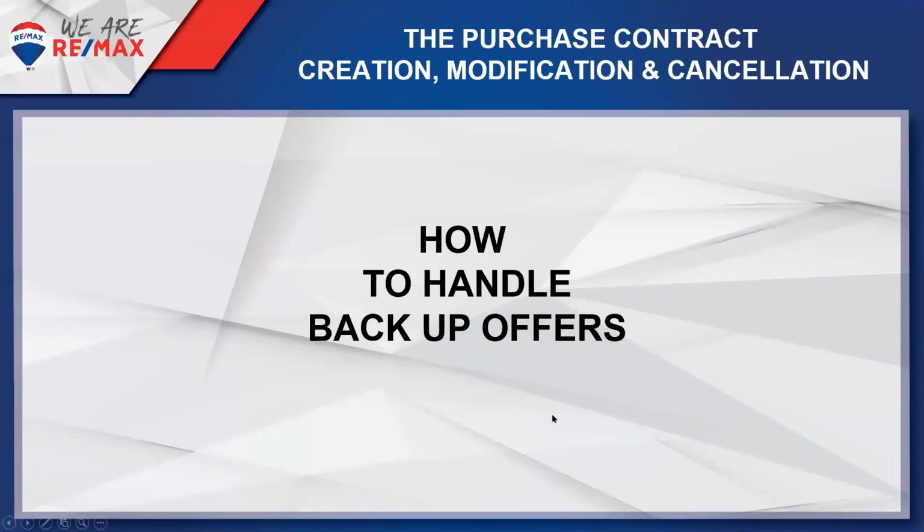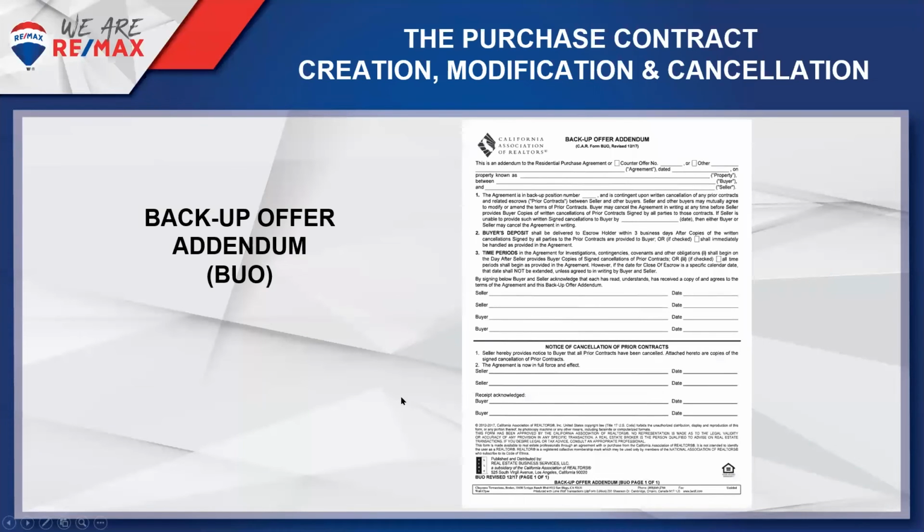How to handle backup offers, pretty straightforward. The backup offer addendum is for when you have not got a signed cancellation of the contract, and I would argue the escrow as well. Signing the cancellation and the escrow not canceled is kind of problematic.